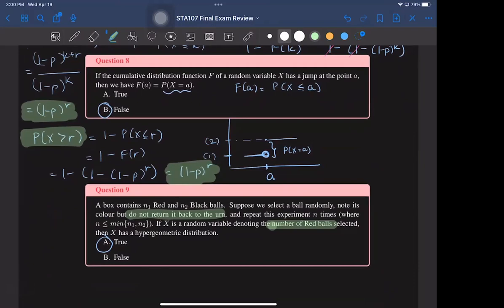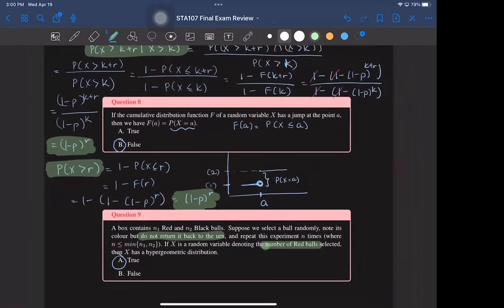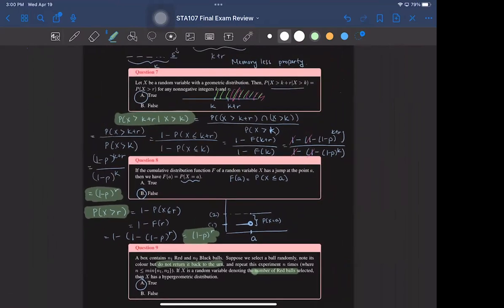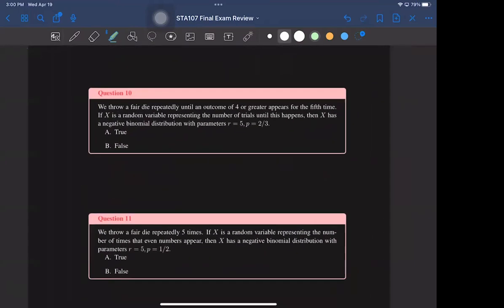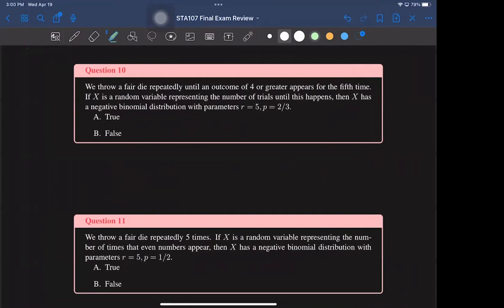It is basically just the definition for hypergeometric distribution. Let's move on to question 10. The upcoming questions are just to make sure you understand the definition for each distribution.